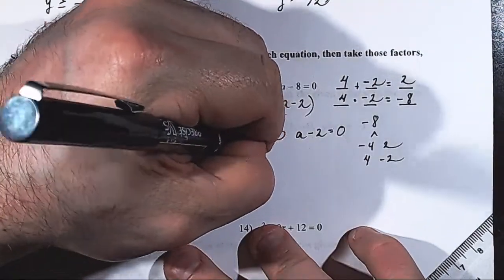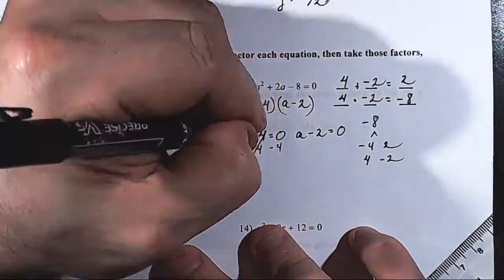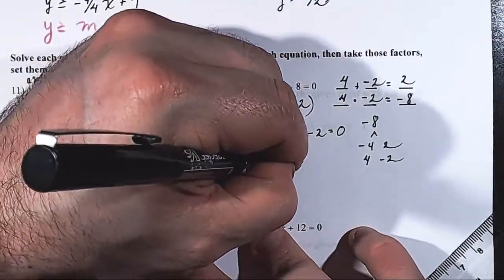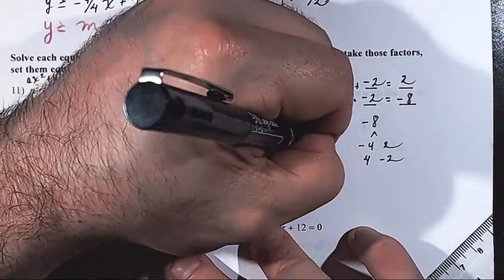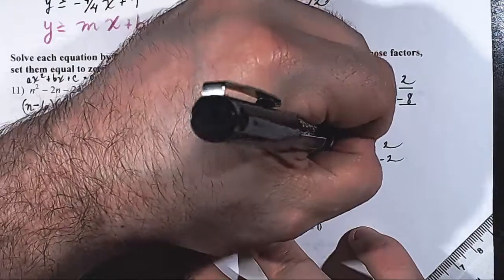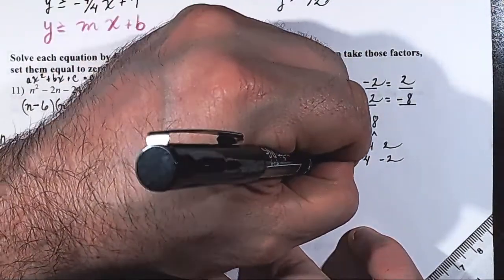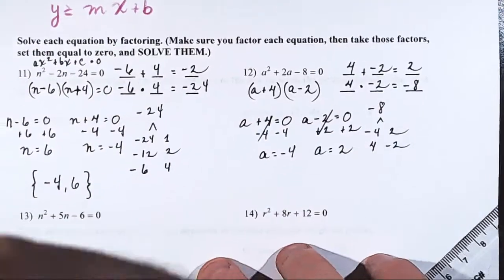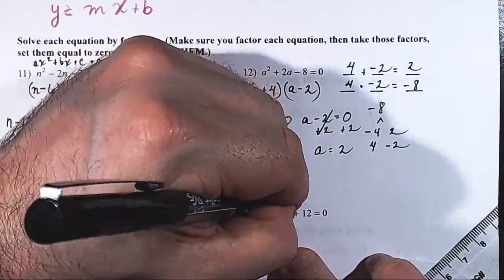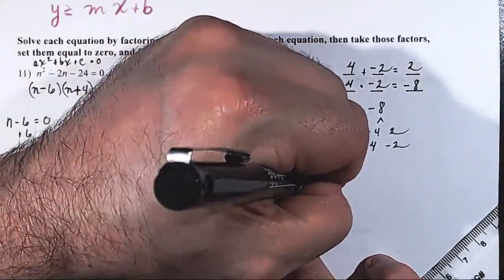So a plus 4 equals 0, subtract 4 from both sides. I have a equals -4. Now I have a minus 2 equals 0, so I will add 2 to both sides. Now I have a equals +2. So my solution set is -4 and 2.